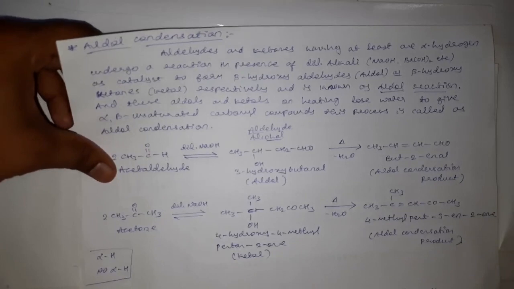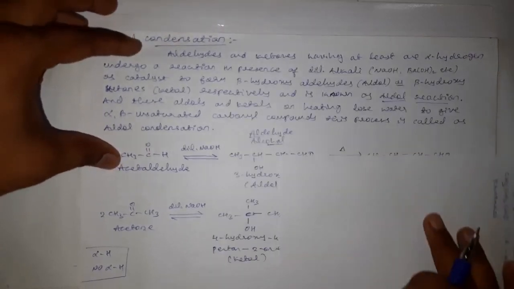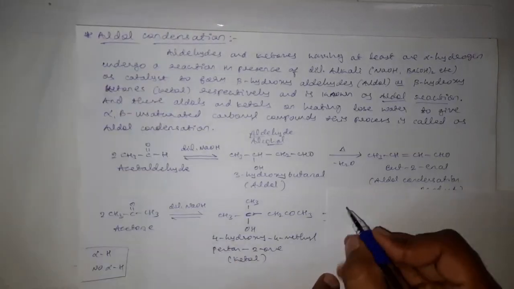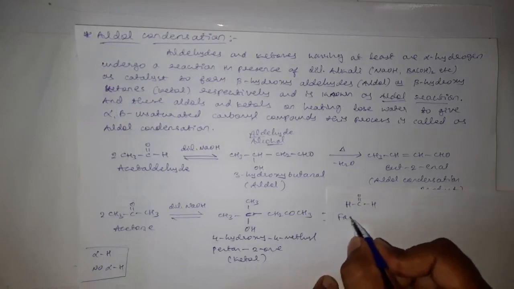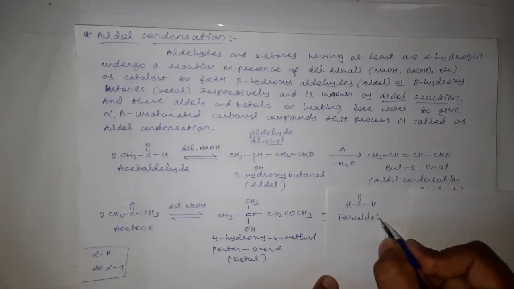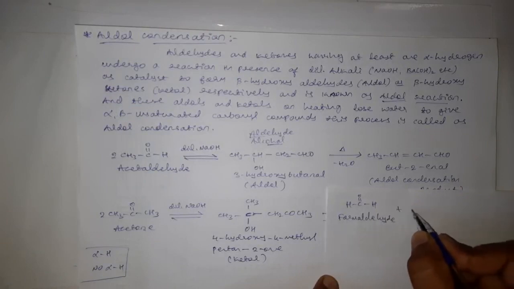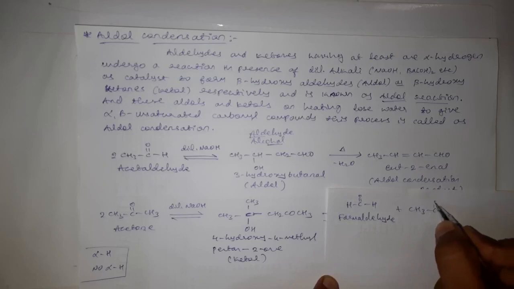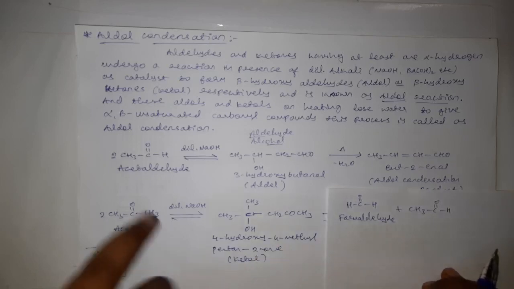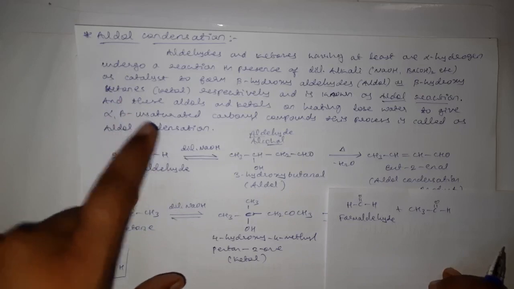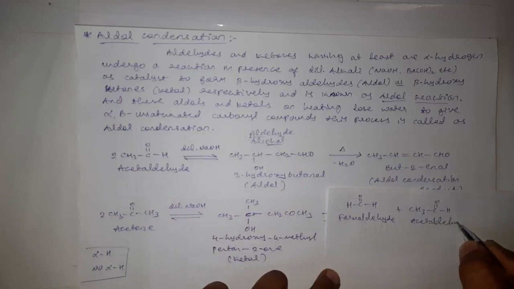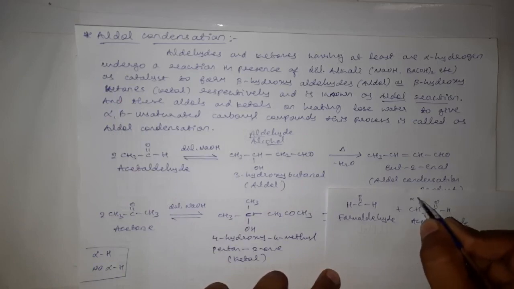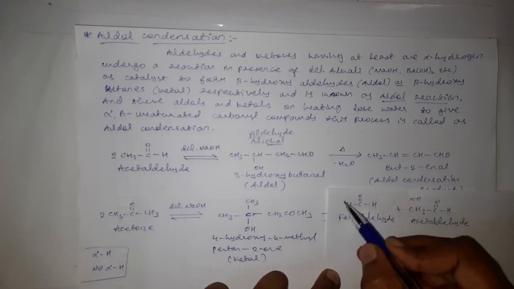Take for example, one molecule is formaldehyde and another is acetaldehyde. That means we are using two different aldehydes for the aldol condensation, one is formaldehyde and the other is acetaldehyde. Here acetaldehyde has alpha hydrogen, but formaldehyde has no alpha hydrogens.